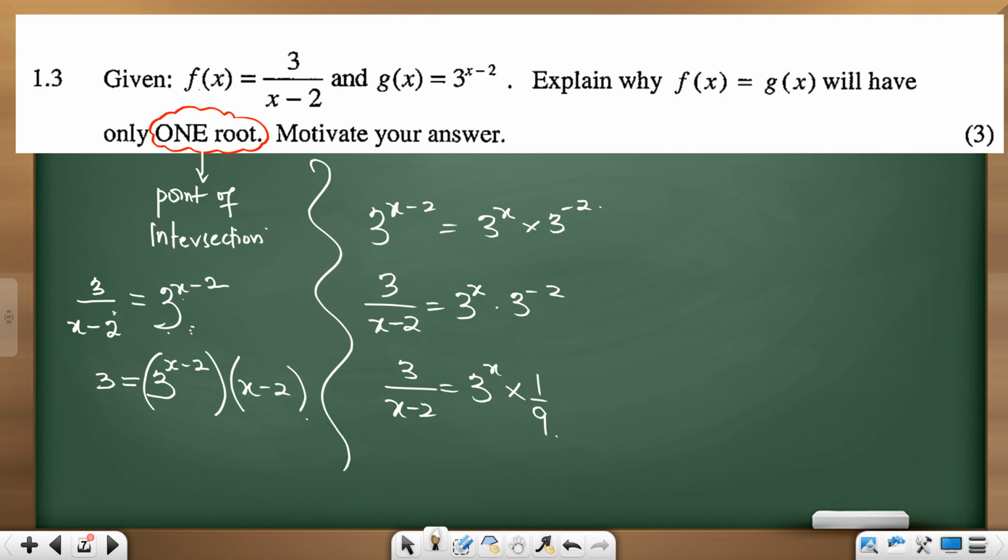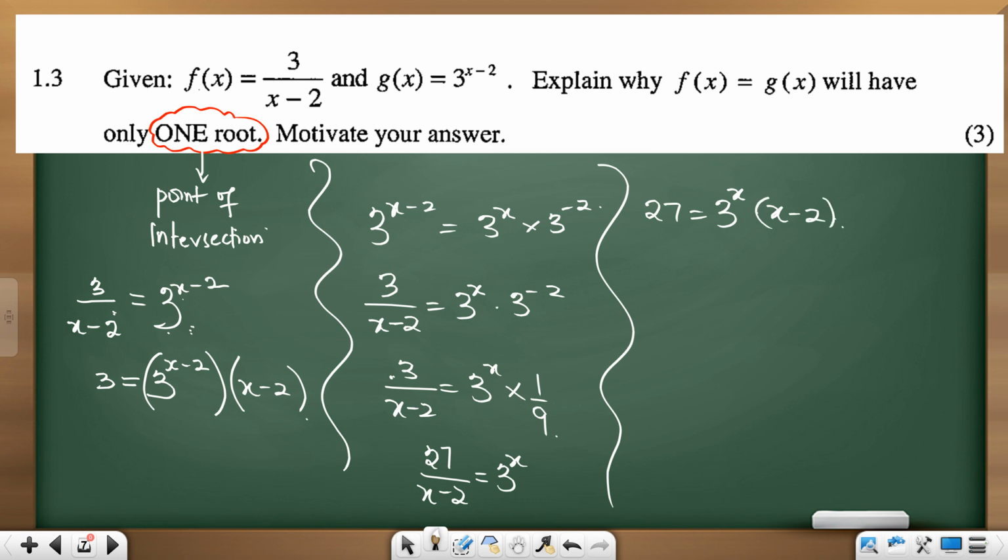That's what you're saying, right? And if you divide both sides by 1 over 9, the 9 goes up and becomes what? 27 over x minus 2 equals 3 to the power x. If we multiply across, you're going to have 27 multiplied by what? x minus 2.